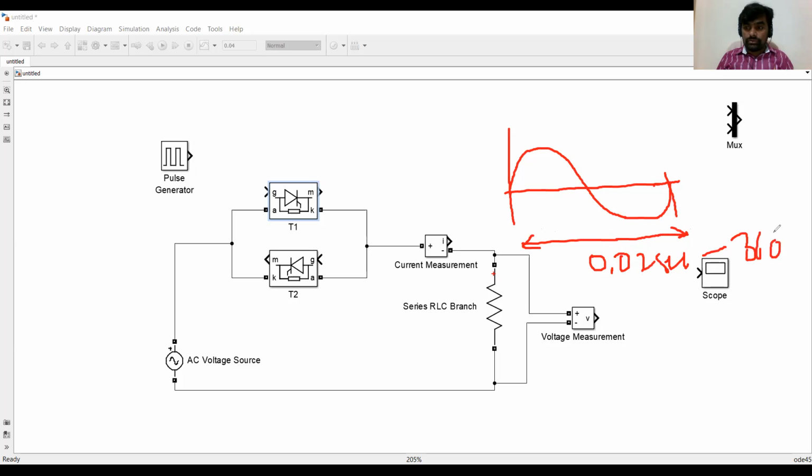So for 1 degree, I need to write 0.02 divided by 360 degrees.